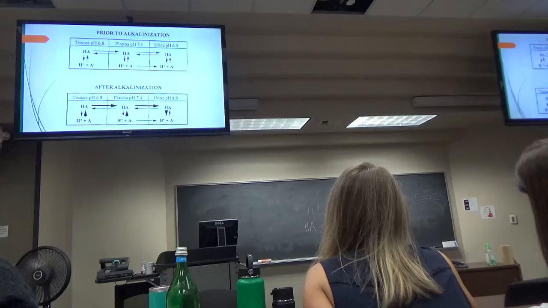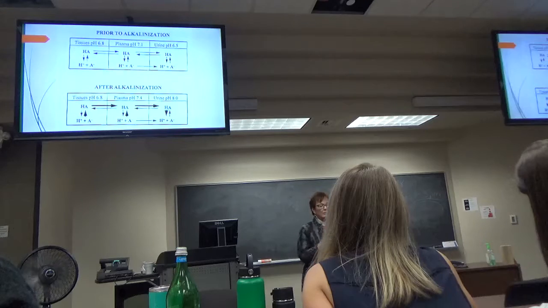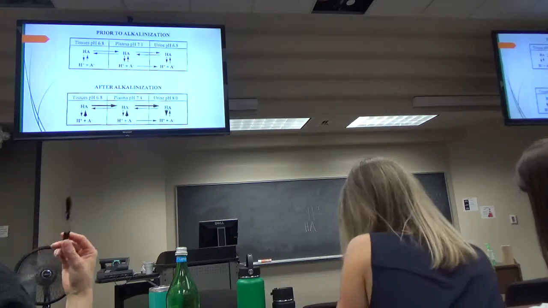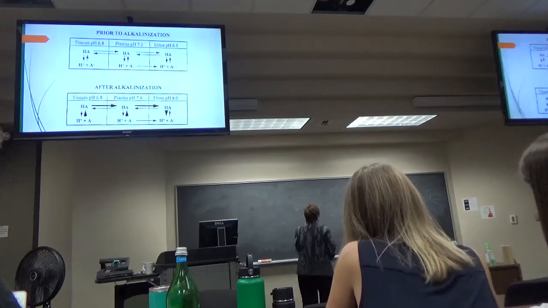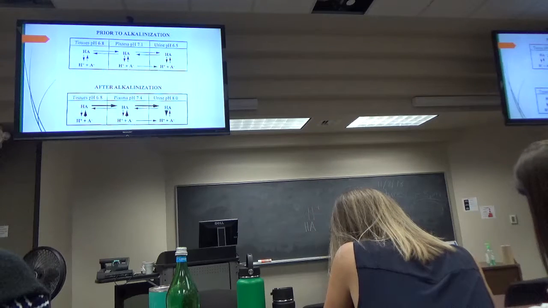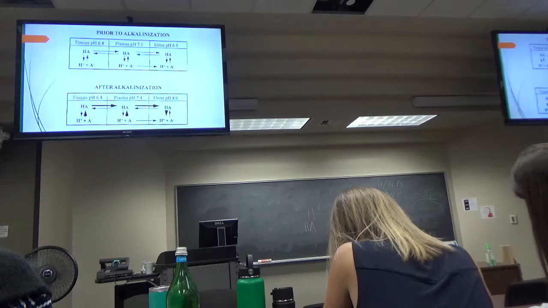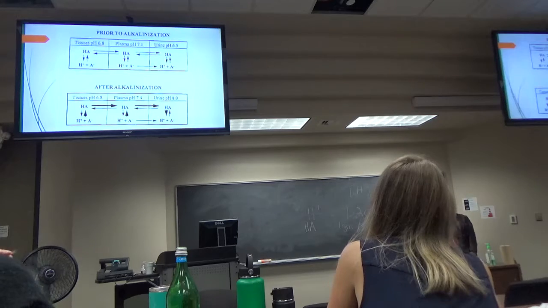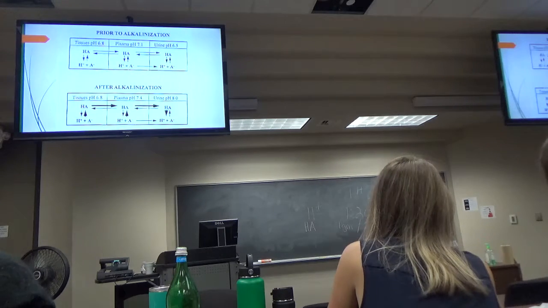It's a solution, so what are most solutions going to be in terms of their units? Milligram per milliliter. It can be a weight per volume. So it's 1 gram in 200,000 milliliters. Concentrated or dilute? Very dilute. Okay, very small.